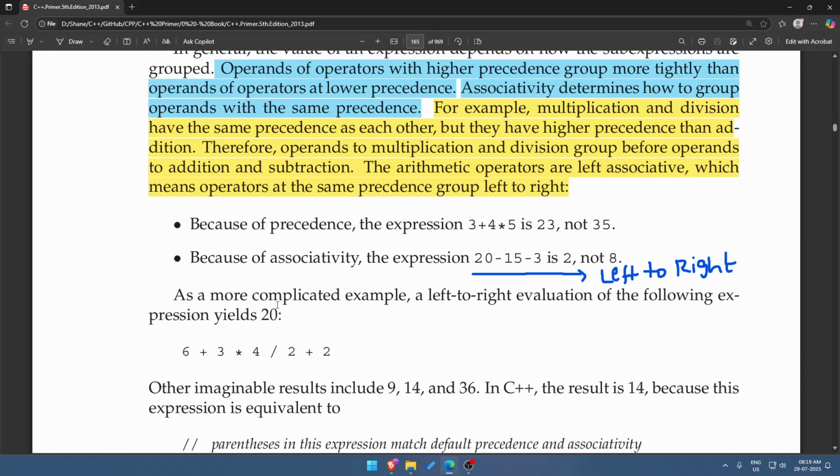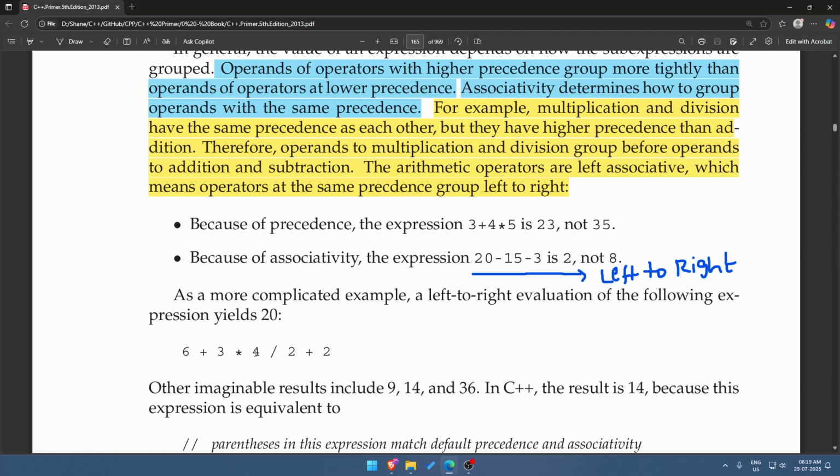As a more complicated example, left to right evaluation of the following expression yields 20. These are done left to right. So we have 12 divided by 2 is 6.